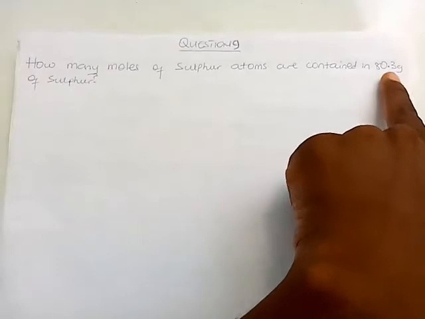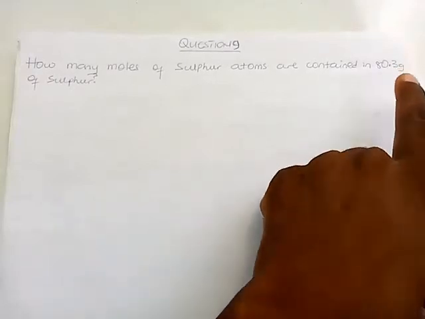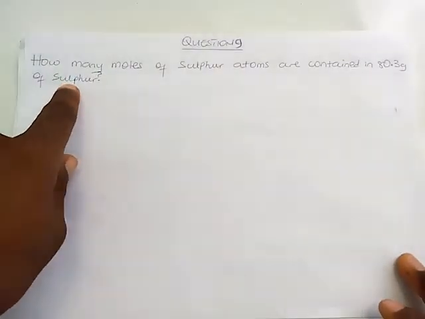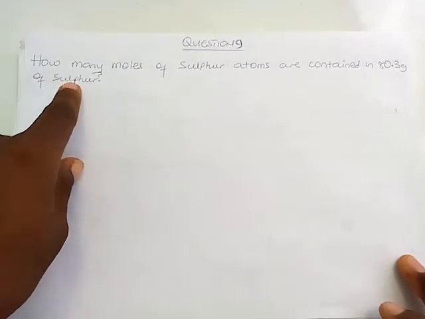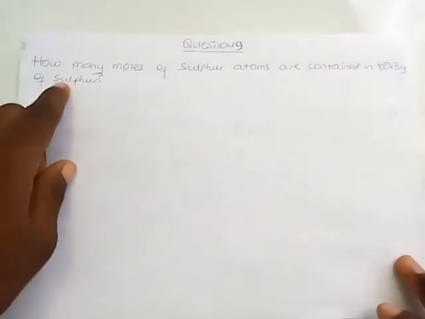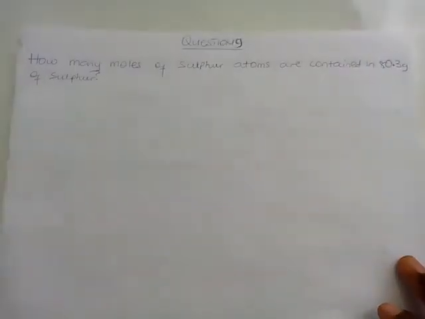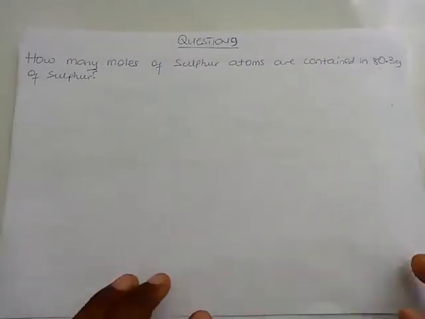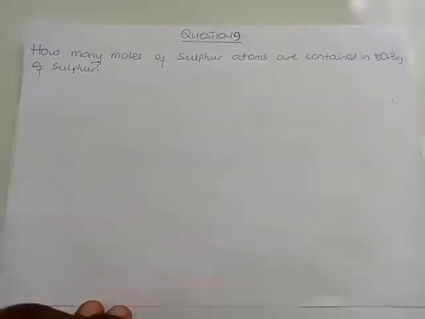So as you can see, we have been given the reacting mass, and also we've been given the element. Therefore, from previous knowledge, you should know the relative atomic mass or the molar mass of sulfur before now, and you're asked to find just the mole. So this is going to be a fast one.